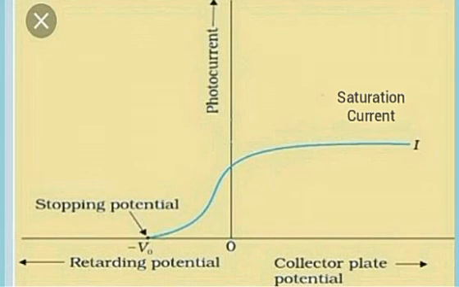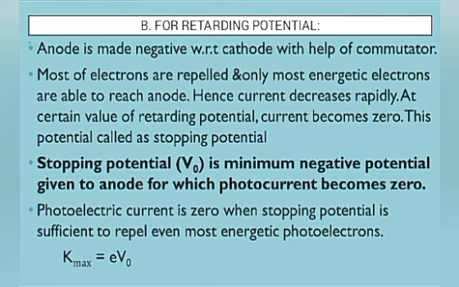Next, case 2 is for retarding potential. Here for retarding potential, anode is made negative with respect to the cathode with the help of commutator.